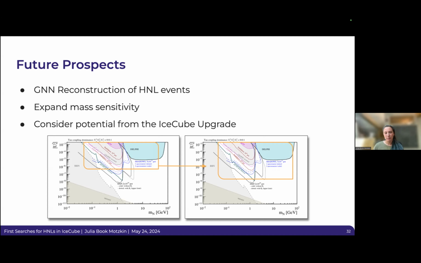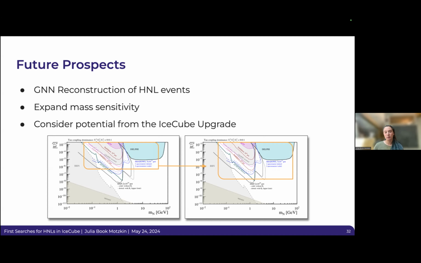Second, at the moment, you'll notice that most of these limits stop at an HNL mass of about 1 to 2 GeV. That's because there have been simulation challenges for simulating HNL decays when they have a higher mass, because of the number of mesonic decays that are opened up.